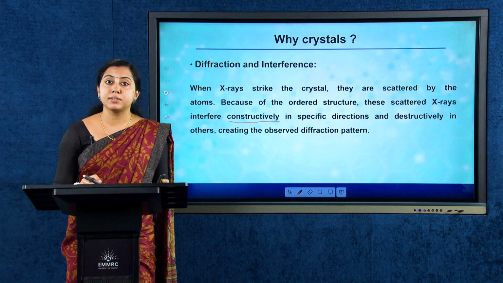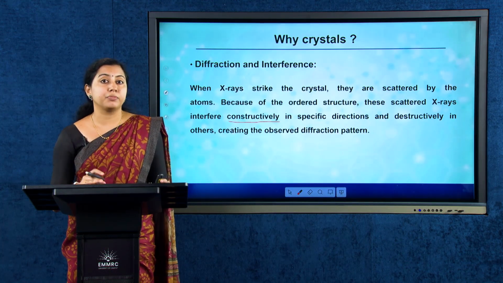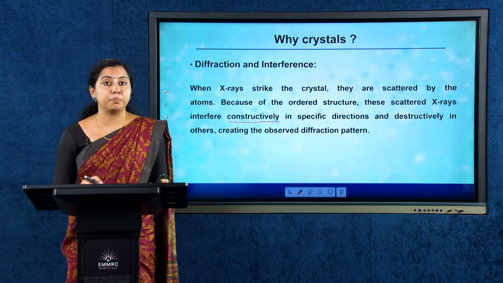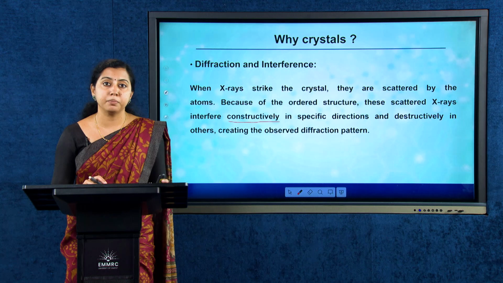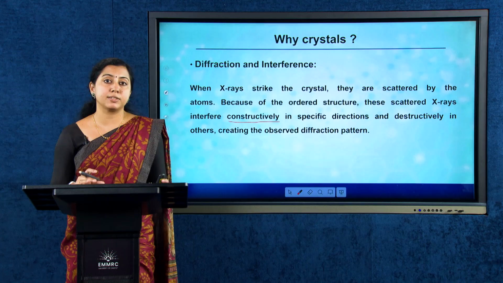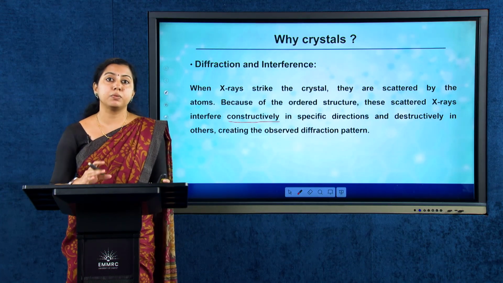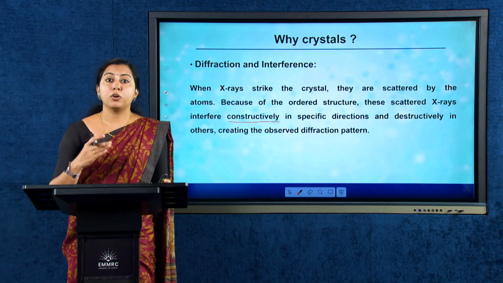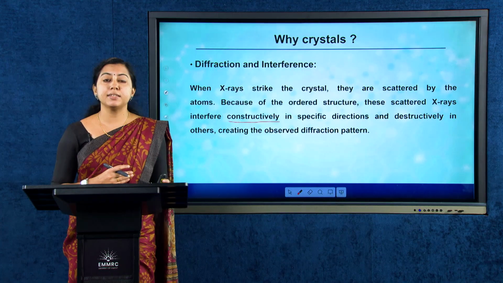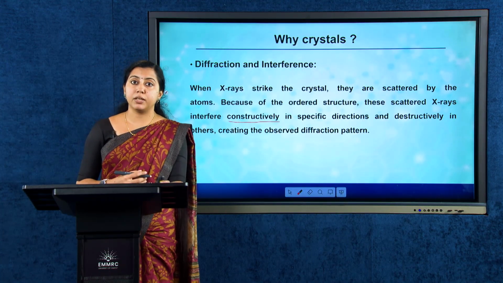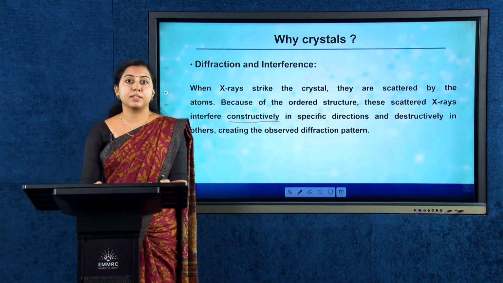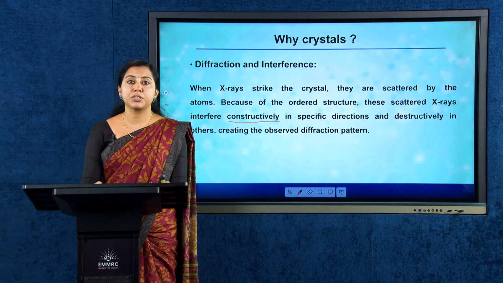Constructive interference is the condition for maximum intensity of the diffracted or reflected beam, and it means all the waves will be in phase. Destructive interference means they will be out of phase. So, because of the ordered structure of atoms in a crystal, the scattered X-rays may interfere constructively or destructively in several directions, and as a result they produce the observed diffraction pattern.